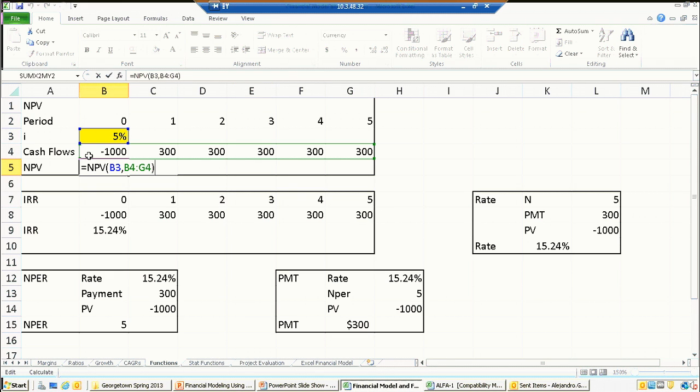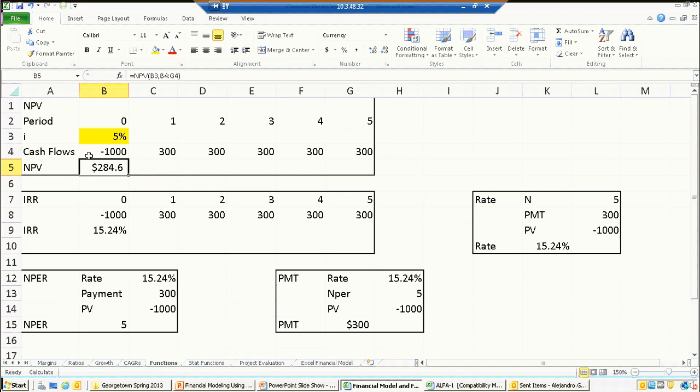What you do is, very simply with Excel, NPV is a preset formula, and it will be a function of first the discount rate, in this case 5%, or cell P3, and you're going to discount the cash flows included in the cell range P4 to G4. So the initial investment and then the subsequent positive cash flows over the next 5 years. And Excel does it for you. So the net present value in this example is 284.